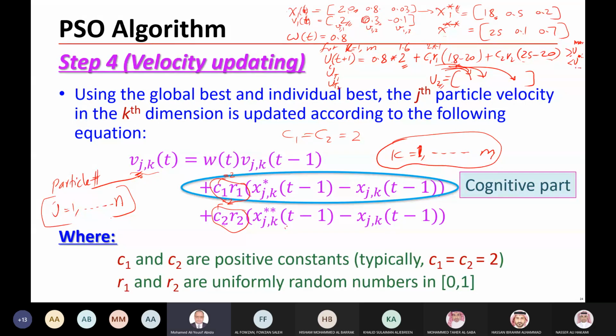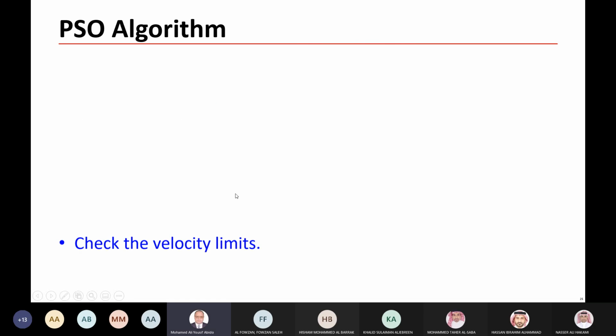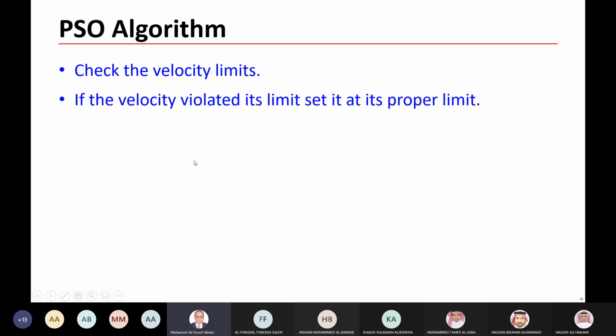So in this case, you have to limit the velocity and put it at the violated limit. You have to check the velocity limits and fix it. If the velocity violated its limits, set it at its proper limit. If it is greater than V max, you set it at V max. If it is lower than V minimum, you set it at V minimum.